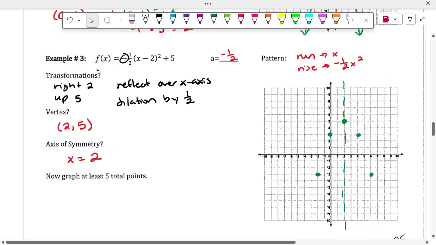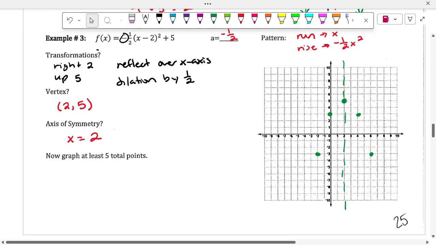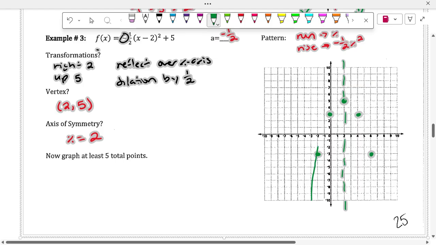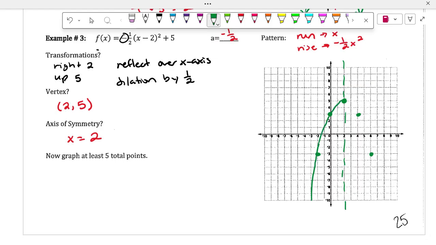Now, it says at least 5 points. That's 5 points. So I have enough. Plus, I think if we did any more, it would go off the graph. Now, again, if you're more of a put-it-in-the-table type person, my suggestion is pick happy points. So what I mean by that, I wouldn't use decimals.